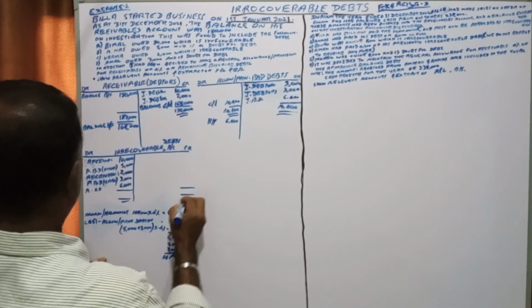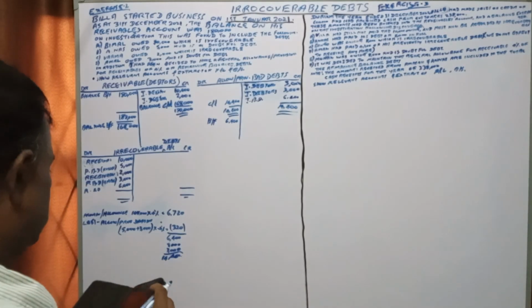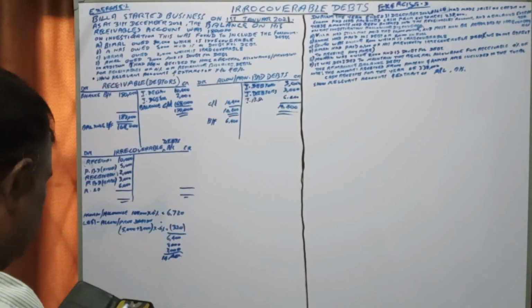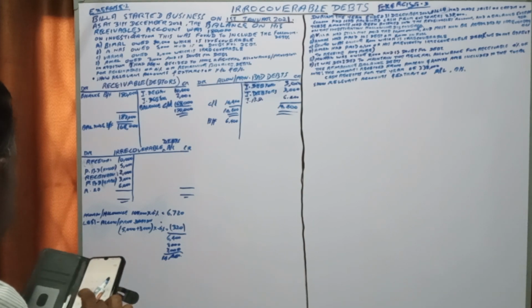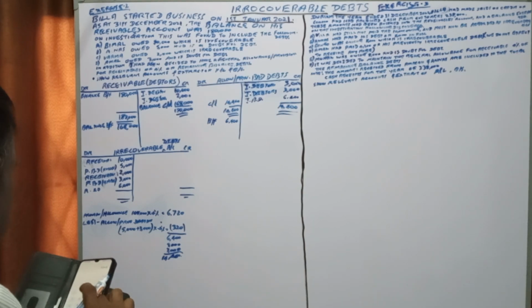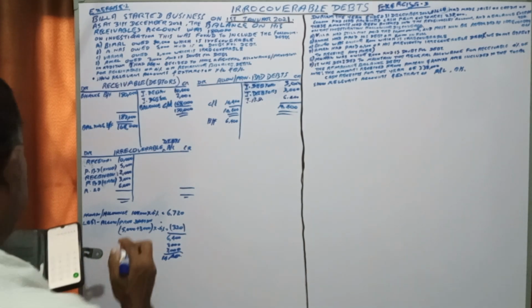Okay. Here the total is 10,000 plus 5,000 plus 2,000 plus 3,000 plus 6,400. Then 26,400.